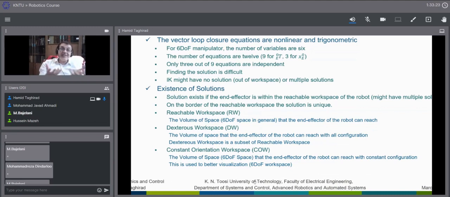We have only 3 dimensions to see that. But for the planar case, since we have only X and Y, 2 positions and 1 orientation, we have only 3 degrees of freedom, therefore we can visualize it in 3D space. But our physical space is not 3 degrees of freedom, it is a 6 degree of freedom space, 3 degrees of freedom for position and 3 for orientation.